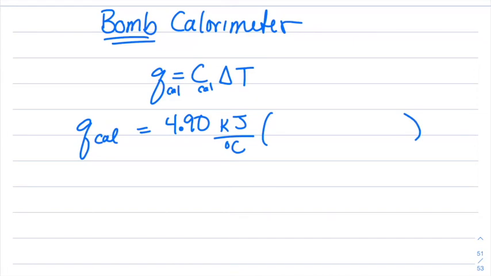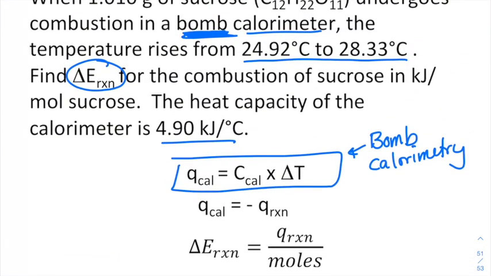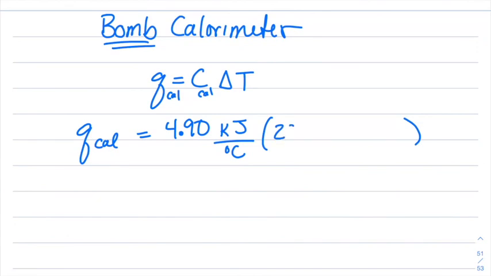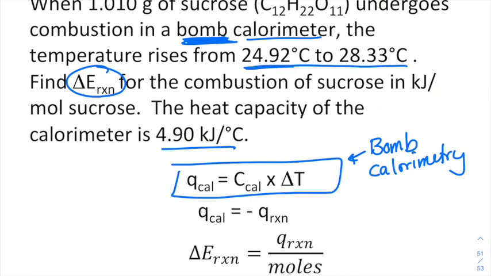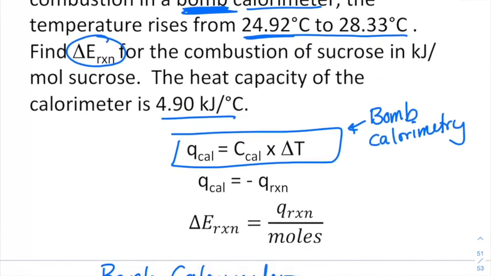So next up we have change in temperature, and we're always doing T final minus T initial. So final temperature, 28.33. Initial temperature right over here, 24.92.